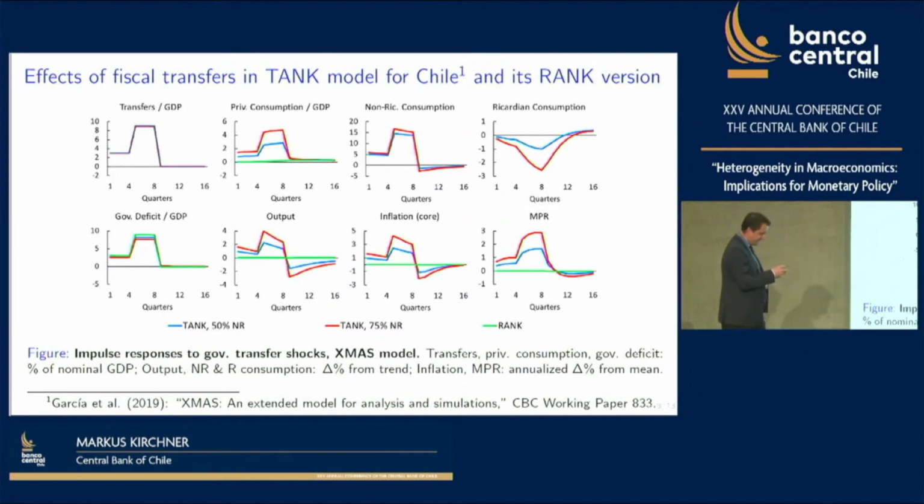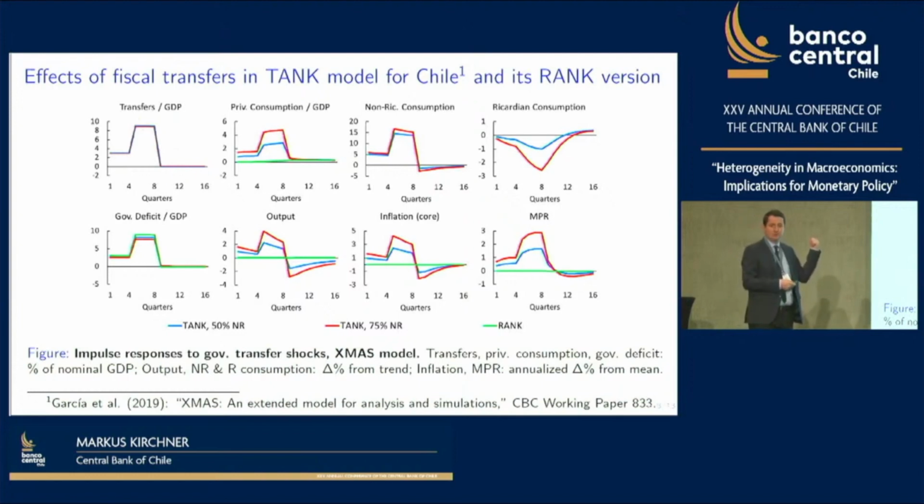You can conduct different exercises with different shares of non-Ricardians. So what we did is to simulate this increase in government transfers as a fraction of GDP over the first year and the second year equal to 3 percentage points and 9 percentage points. So that's what I showed, the increase in government transfers in the case of Chile.